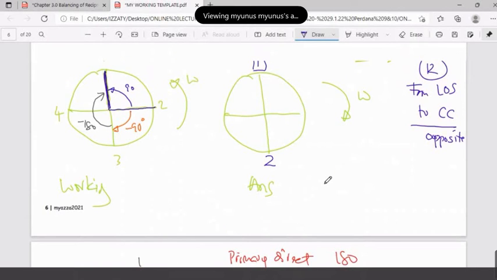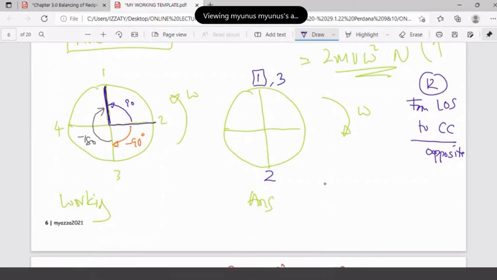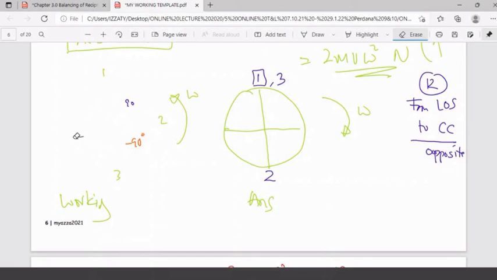Okay, so this one is cylinder number 3. Number 4, look at number 4. One minute.